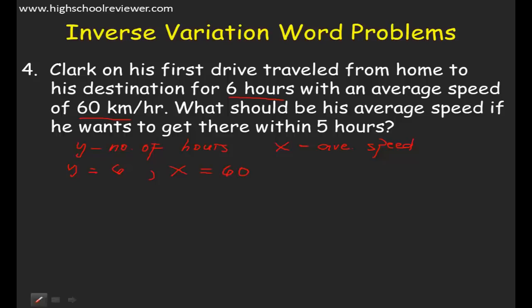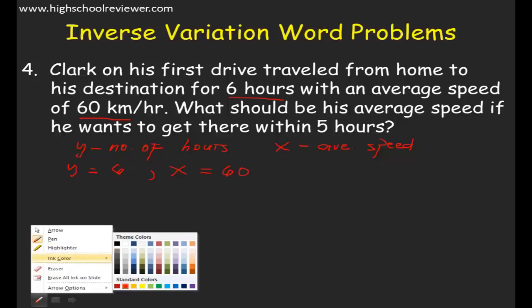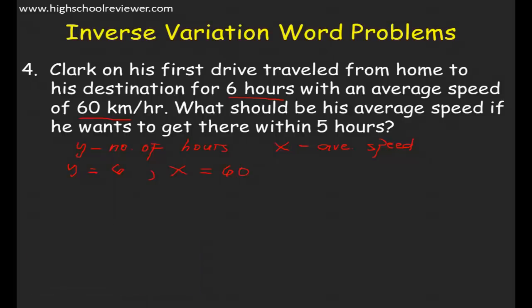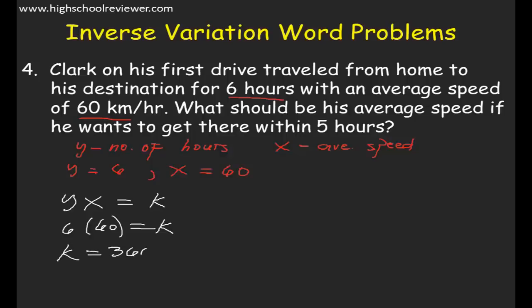Okay, so we need to find the constant of proportionality, or k. Our equation will be yx is equal to k. Our y is 6 multiplied by x, which is 60, equals the constant of proportionality k. So 6 multiplied by 60 will give us 360. So our k will be equal to 360.